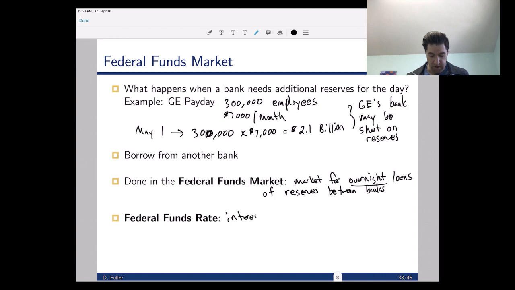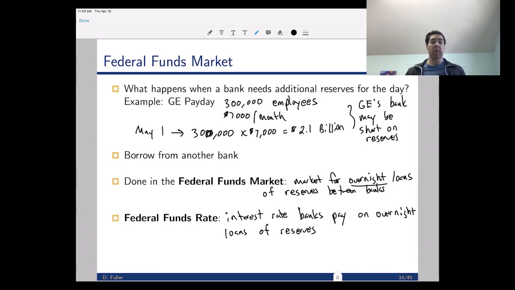So this is the interest rate banks pay on overnight loans of reserves, which are needed in order to satisfy transactions demands. So as we'll see, this is going to be the key interest rate that the Federal Reserve is able to control, which we will develop here coming up shortly.